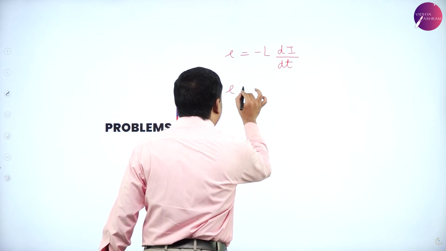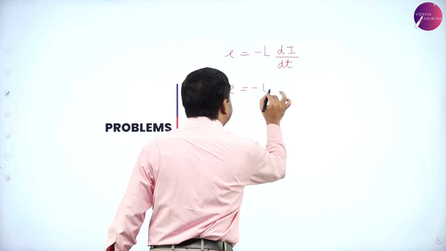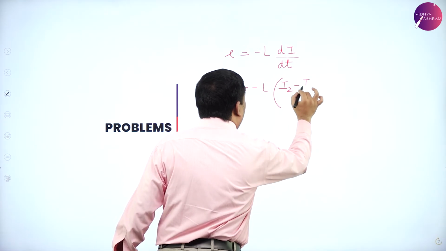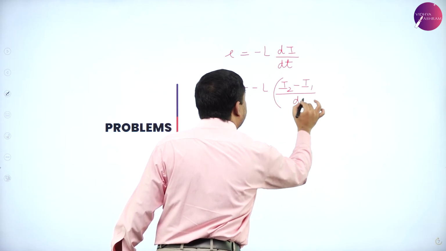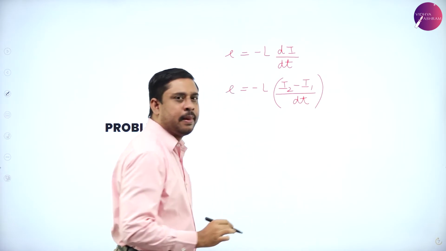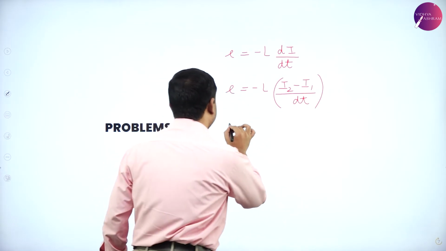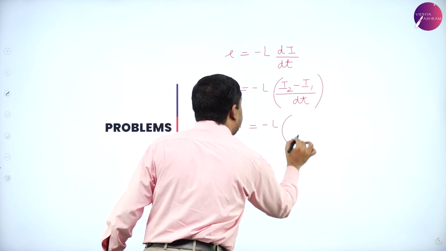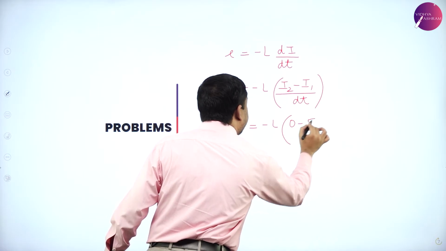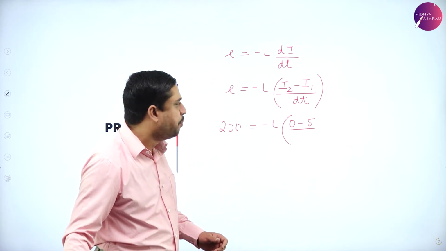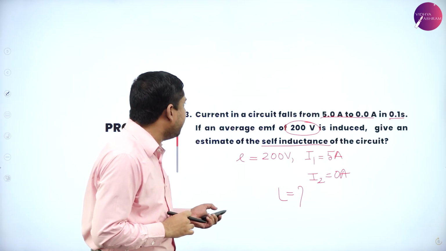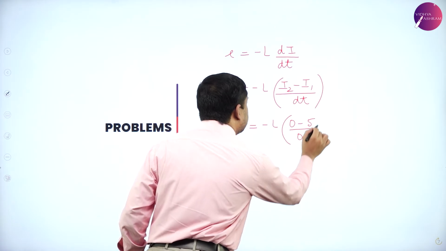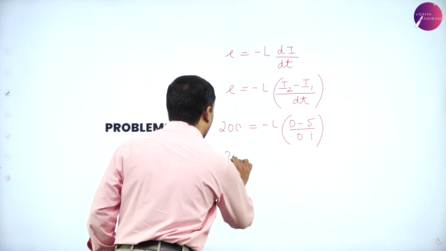So E equals minus L, this is I2 minus I1 by dt. E is given 200, minus L, 0 minus 5 divided by, what is the time? 0.1 second. So this is 0.1 or 200.